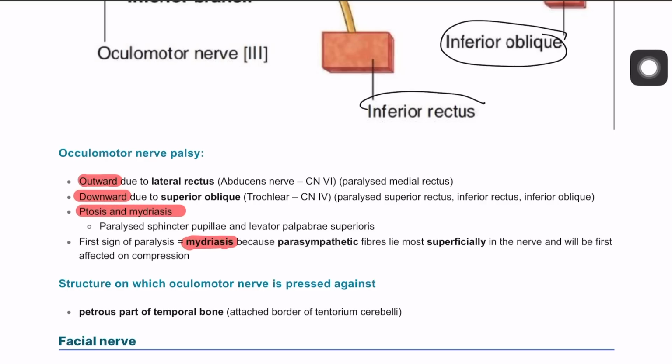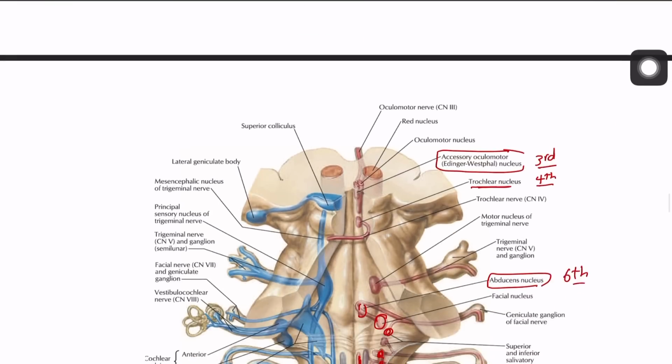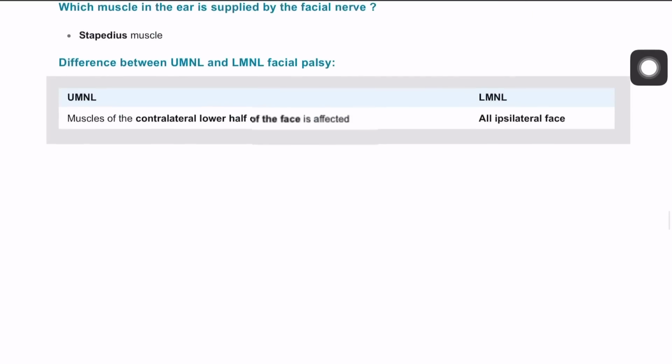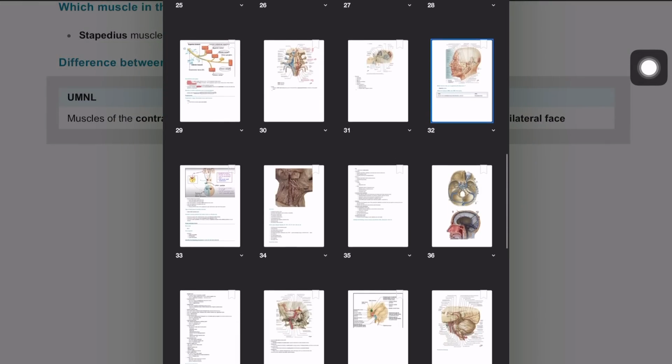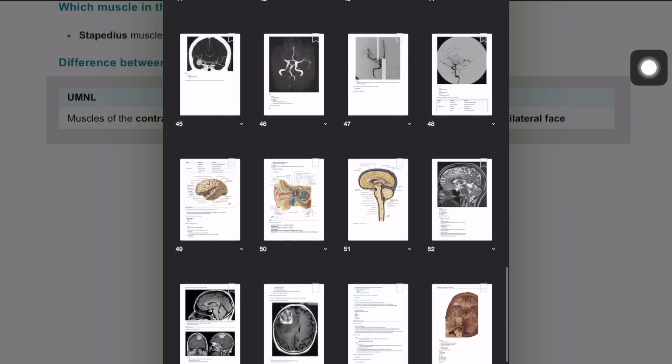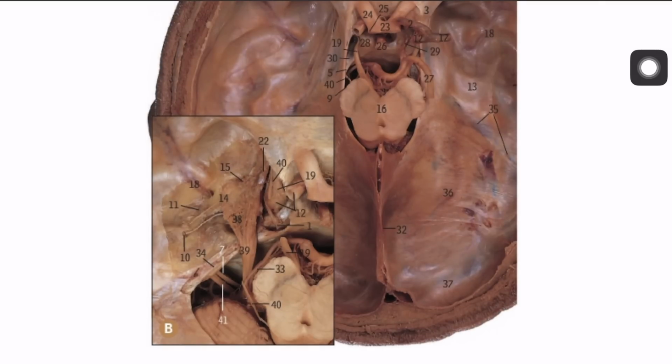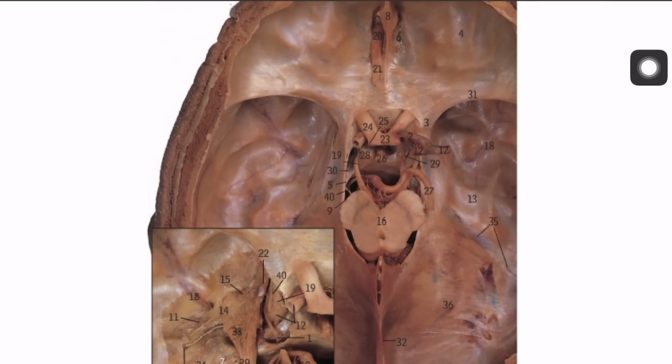Okay. The structures against which cranial nerve 3 is compressed are usually the petrous part of the temporal bone and the attached part of the tentorium cerebelli. I think we can show you a diagram that can explain this a little bit. Let me find it.